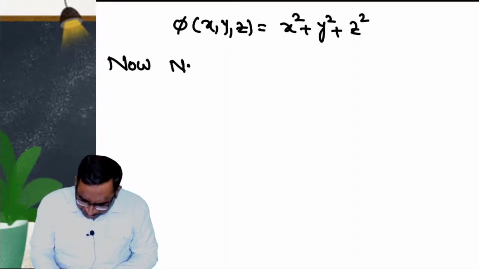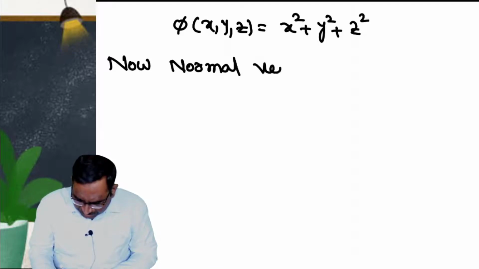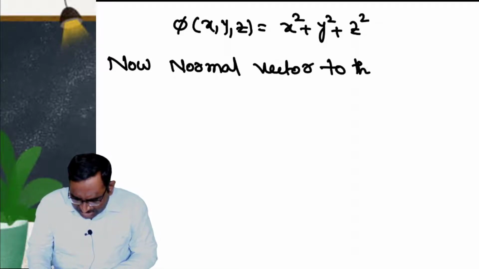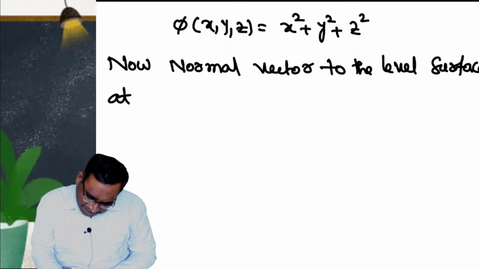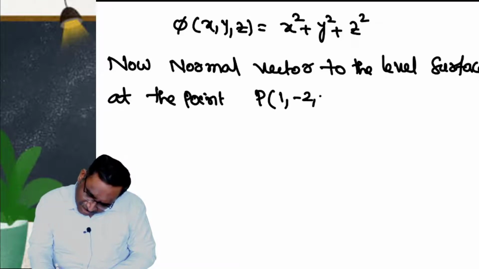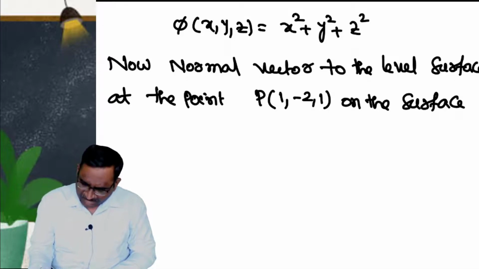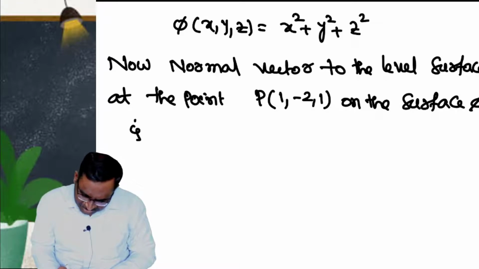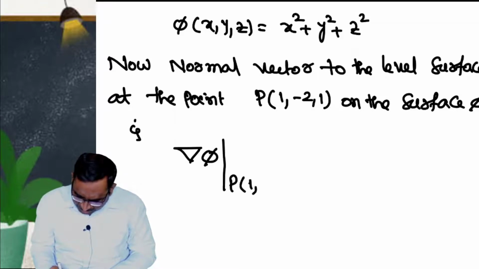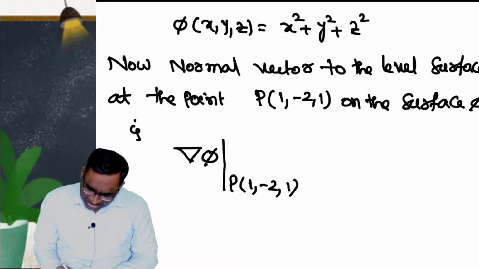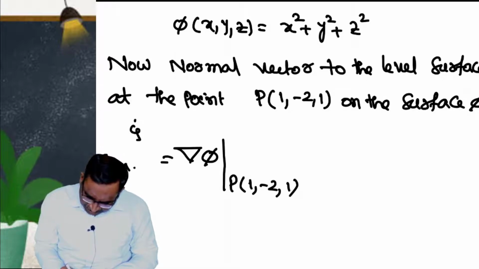The normal vector to the level surface at the point P 1, minus 2, 1 on the surface phi is del phi at that point P. So this is nothing but grad phi at that point 1, minus 2, 1.